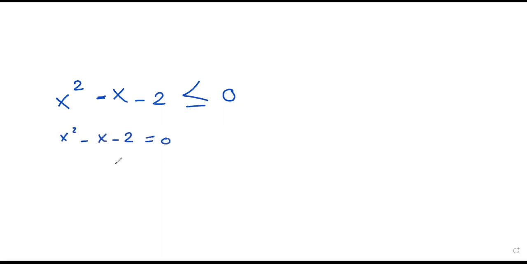Let's try this one. x squared minus x minus 2 less than or equal to 0. Step number 1, just put x squared minus x minus 2 equaling 0.